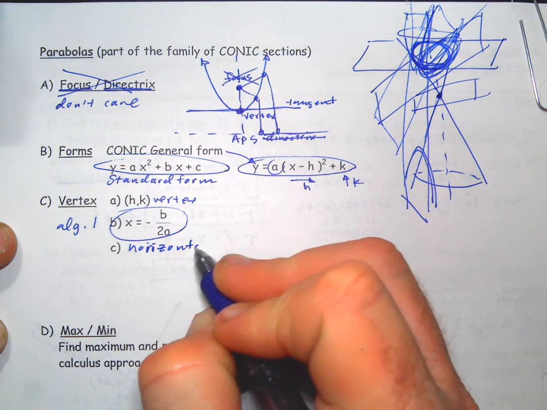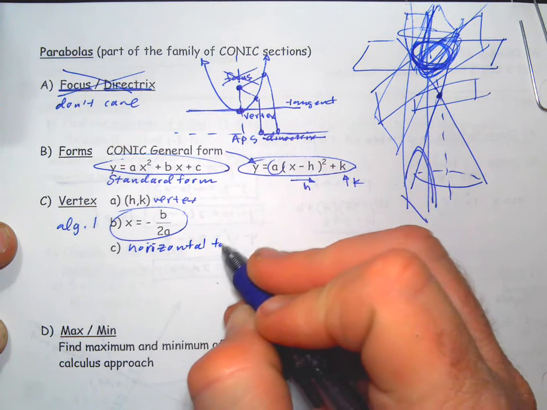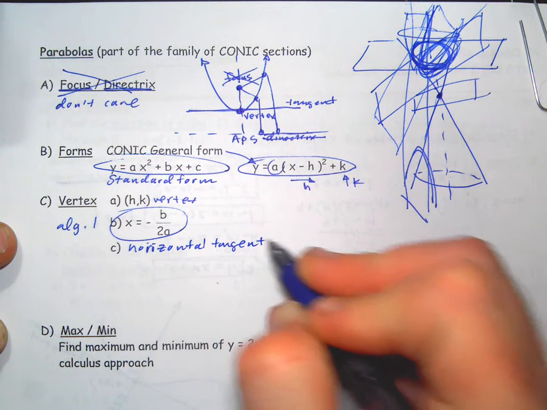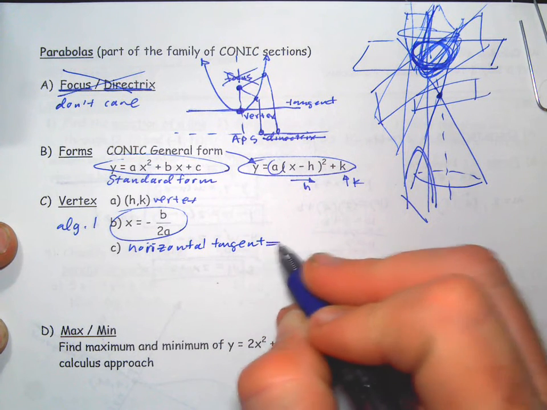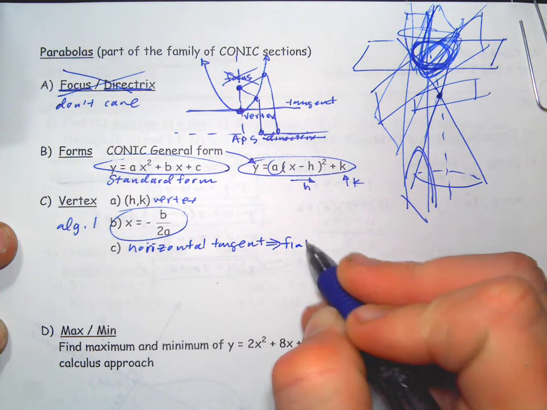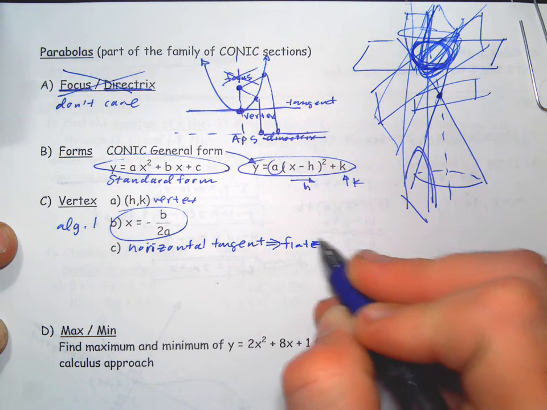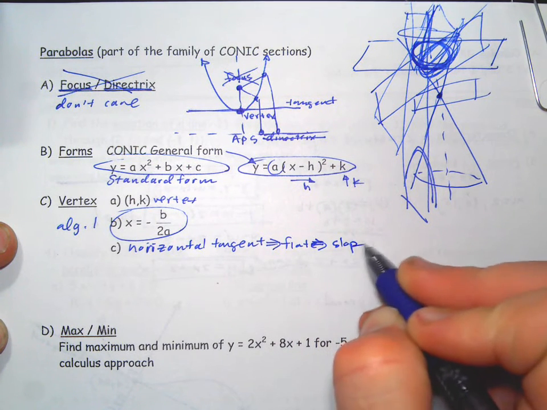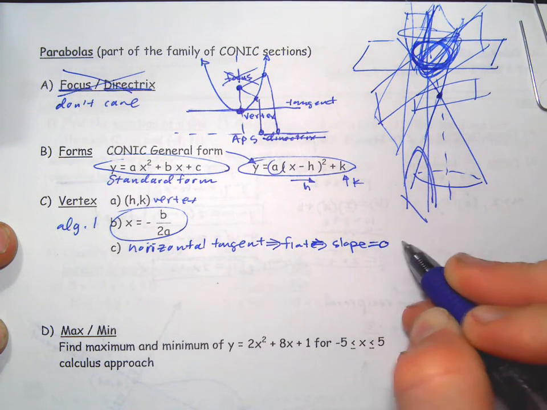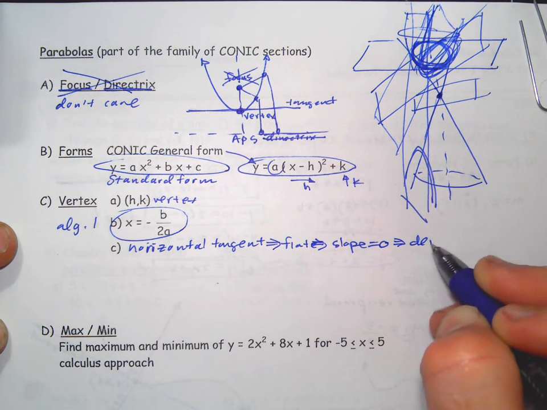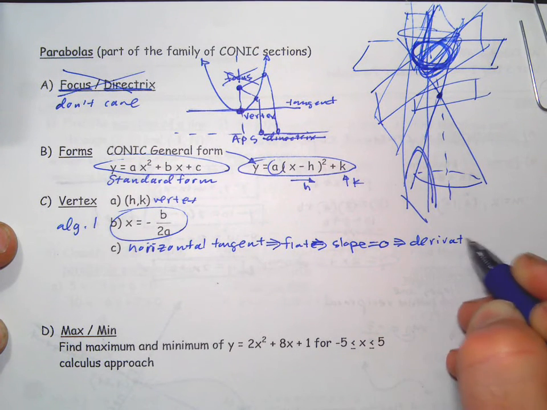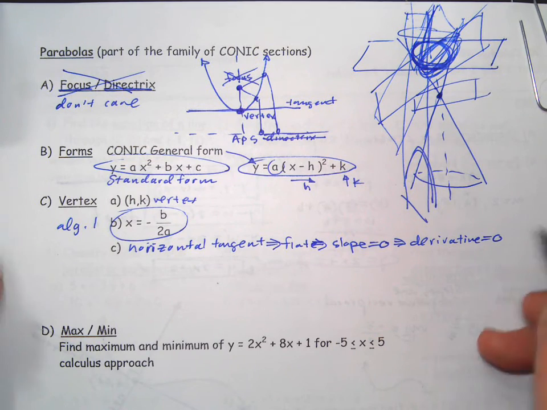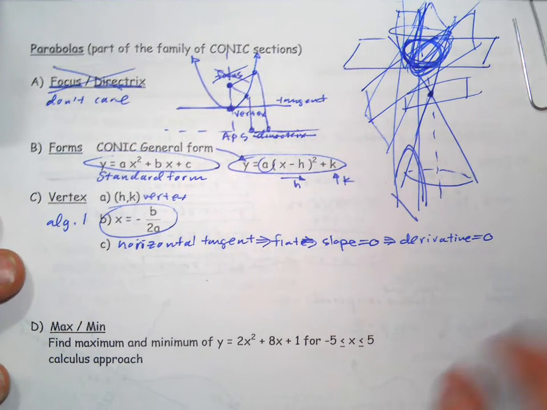What's significant about a horizontal tangent line is that it's flat, and its slope will equal 0, which means its derivative has to equal 0. It's the only place on a parabola where the derivative equals 0. So you could use that fact to locate it.